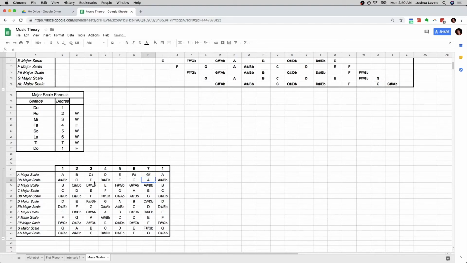Okay. Now, why did I decide to call this the B flat major scale instead of the A sharp major scale? Isn't this the same as the A sharp major scale? So what would make me call it A sharp versus B flat? Well, let's look at it as the A sharp major scale just for a minute. Let's see what happens.